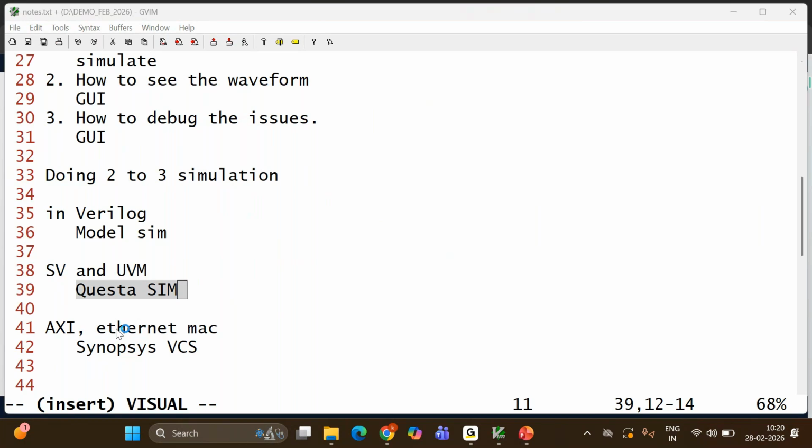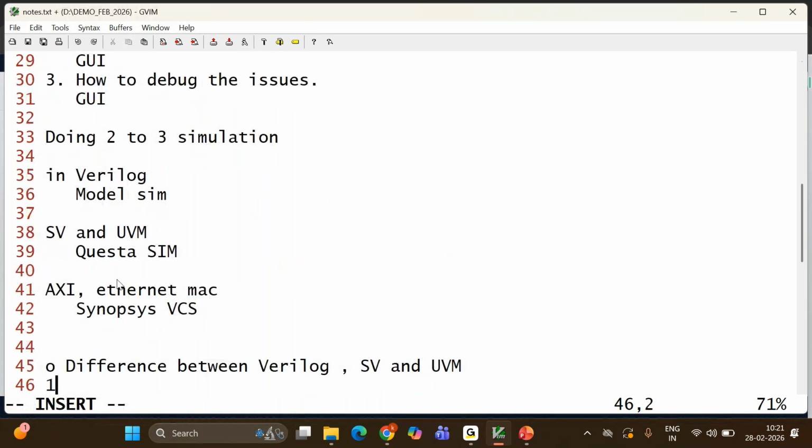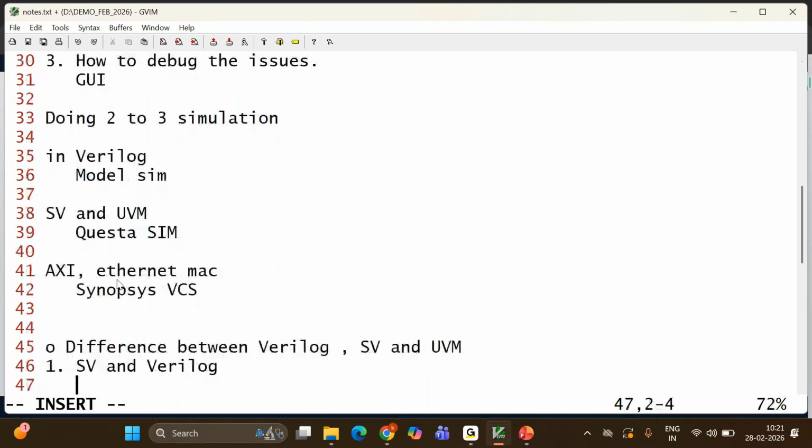What is the difference between Verilog, SystemVerilog, and UVM? Yeah, I will tell you the difference. Okay. Difference between Verilog, SystemVerilog, and UVM. First difference is SV and Verilog, it's a language actually. Language means what? They have their own data types, functions, tasks, declarations, syntax wise they will vary.